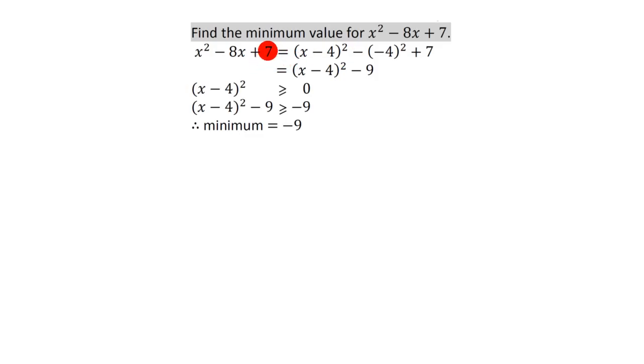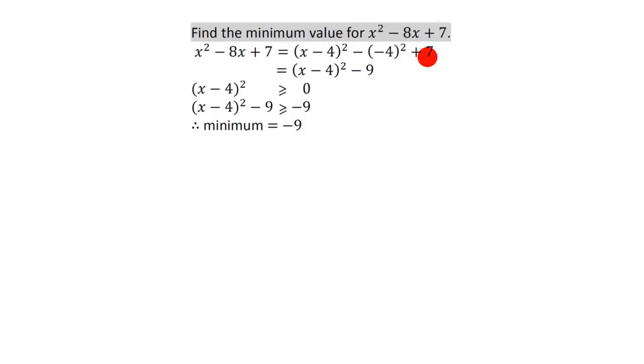And that plus 7 is added on the end because this stuff is equal to just the first two bits. So the standard expression looks like this: bracket x, some number, all squared, minus the same number squared. This number we got from halving the number in front of the x. So that's basically completing the square.